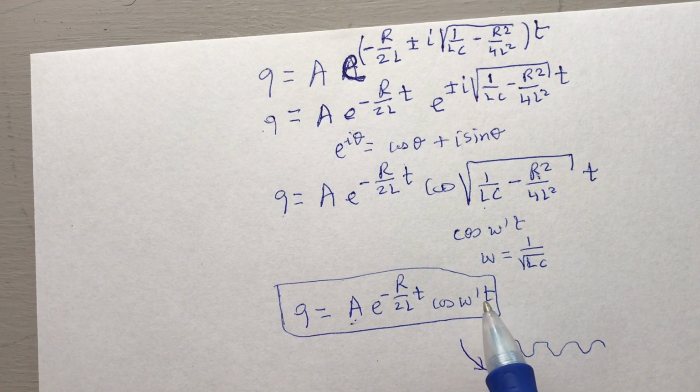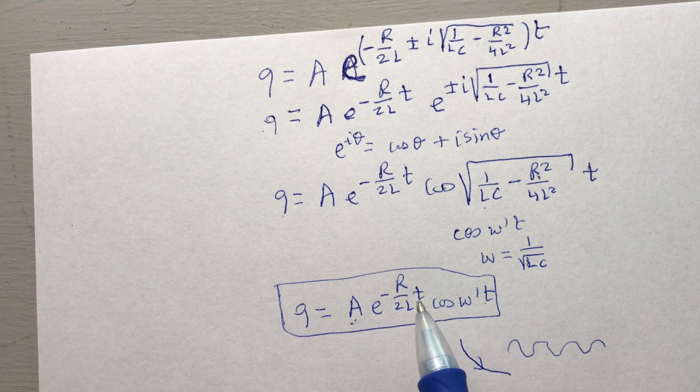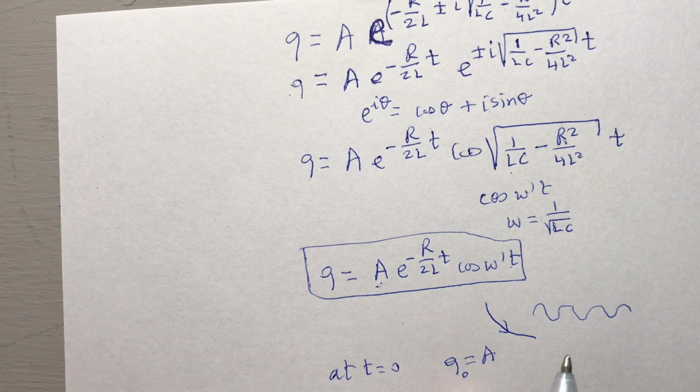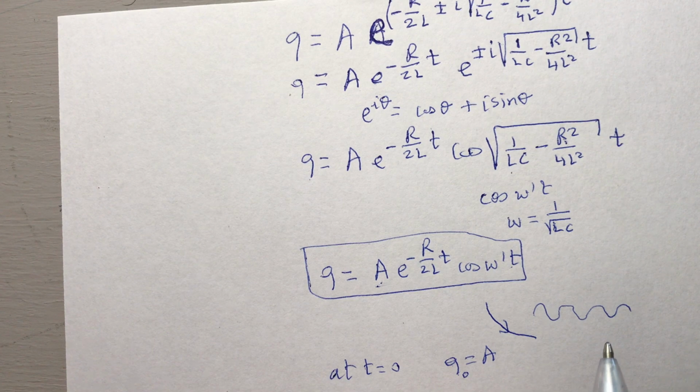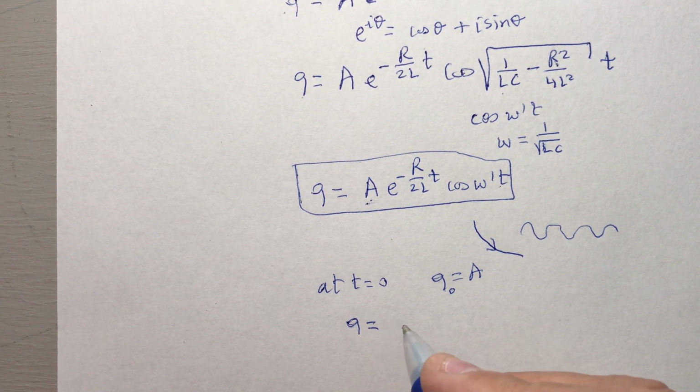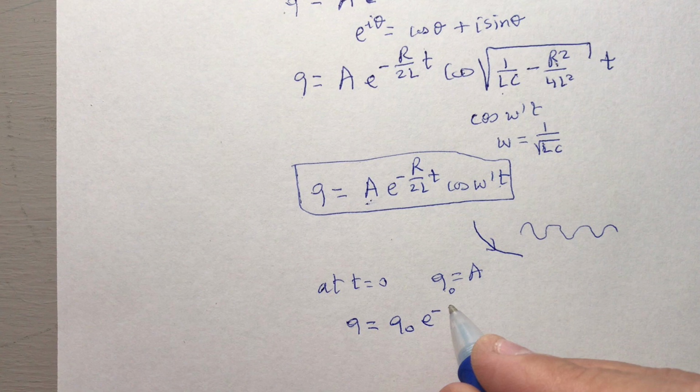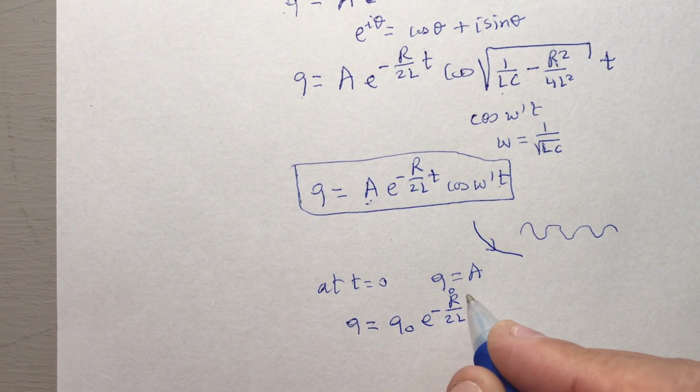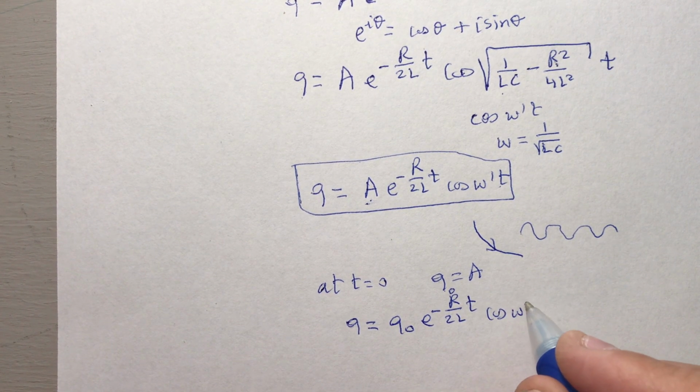What will happen? Cosine 0 is 1. Exponential 0 is 1. So we have Q is equal to A, and then we put here Q0. This is some charge that we have in the capacitor at time t equal to 0. So we can say Q is equal to Q0 e to the minus R over 2L t cosine omega prime t.